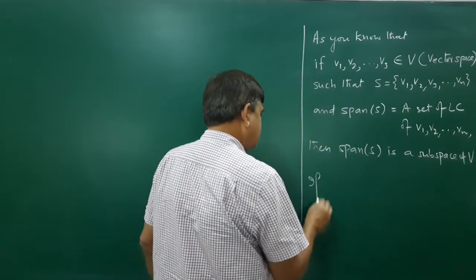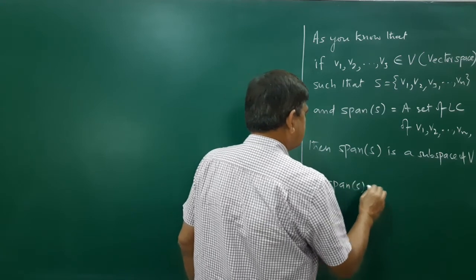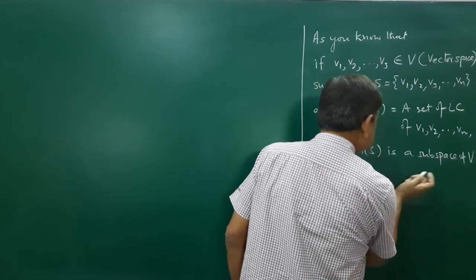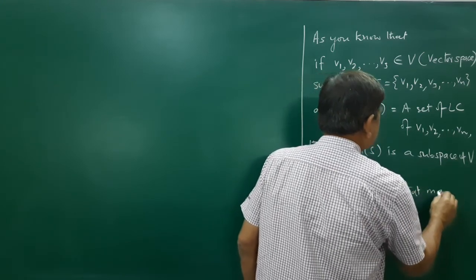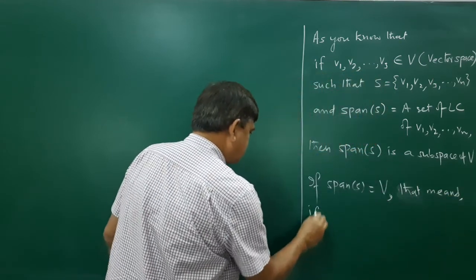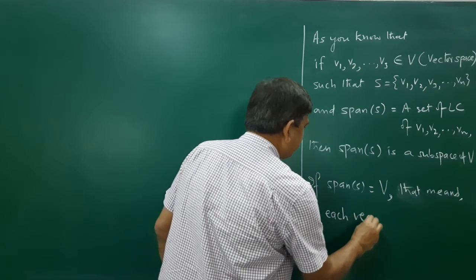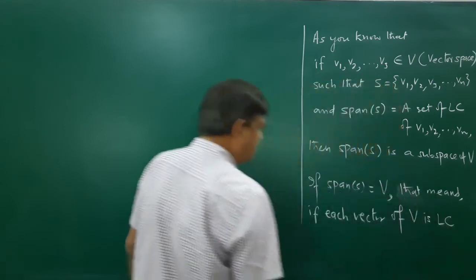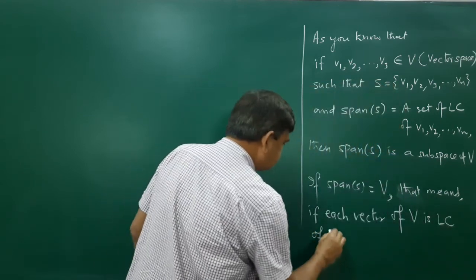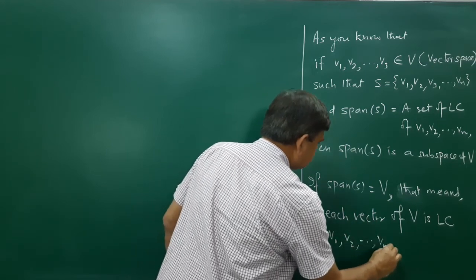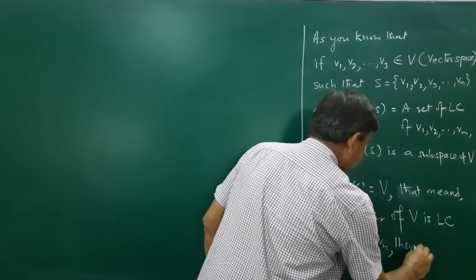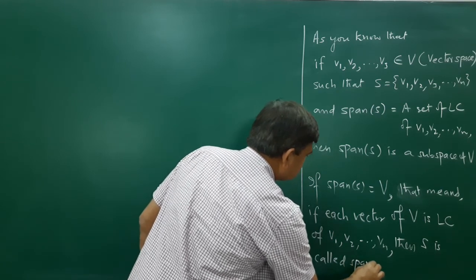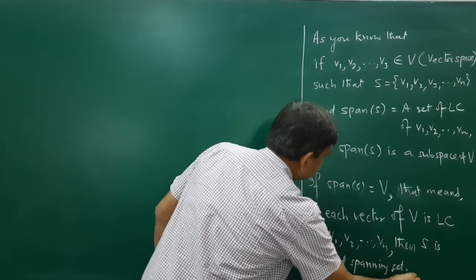Again, span S equals to V. That means if each vector of V is a linear combination of these, then S is called a spanning set or generating set.